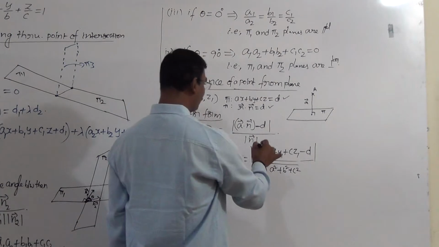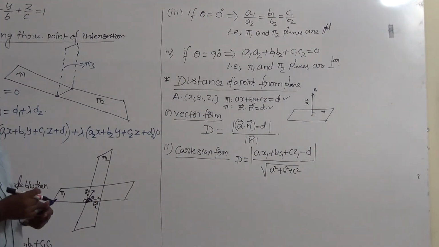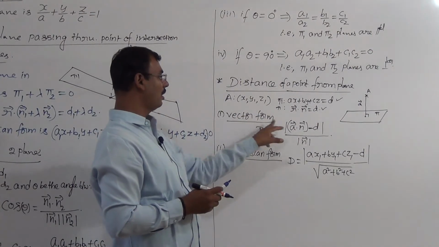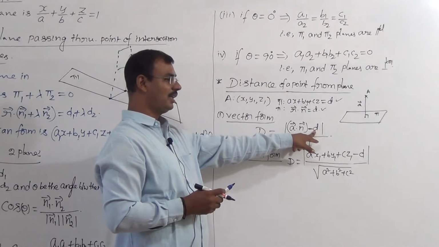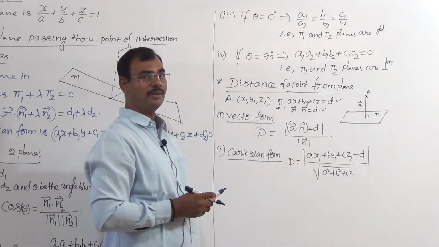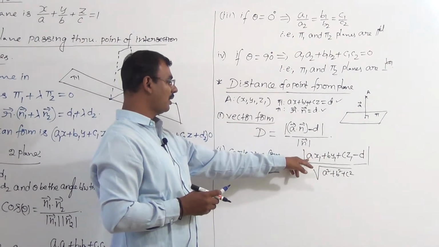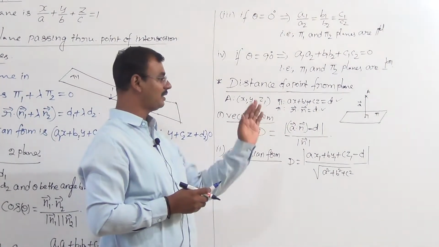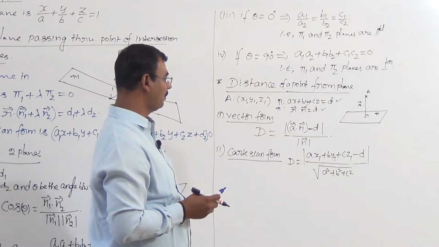These are the normals. Now this is the formula in vector form and Cartesian form. To find the distance of a point from the plane in vector form, magnitude of a bar dot n bar minus d upon magnitude of n bar. In Cartesian form, magnitude of ax1 plus by1 plus cz1 minus d upon square root of a square plus b square plus c square.